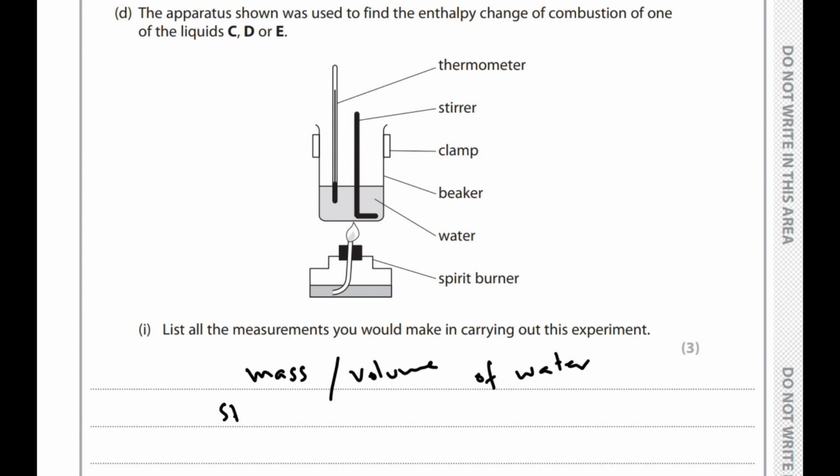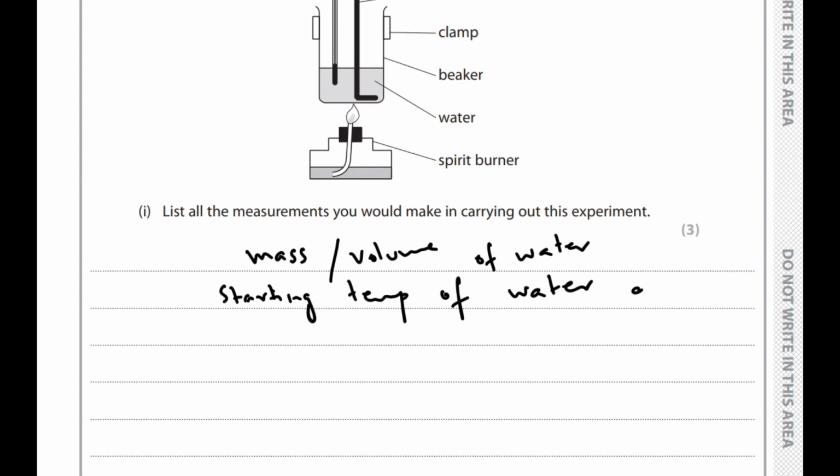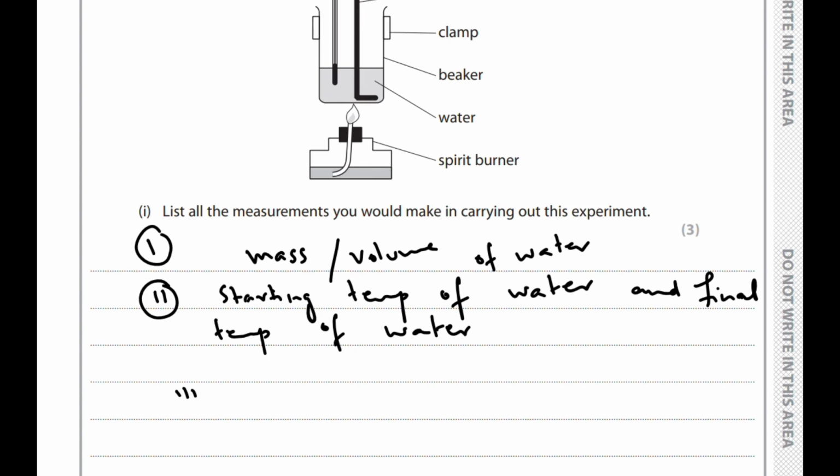Then you will measure the starting temperature of water before the start of the experiment, or before heating the water, and after heating the water, after combustion of the compound, measure the final temperature of water. The question is of 3 marks, so you need to write at least 3 points.